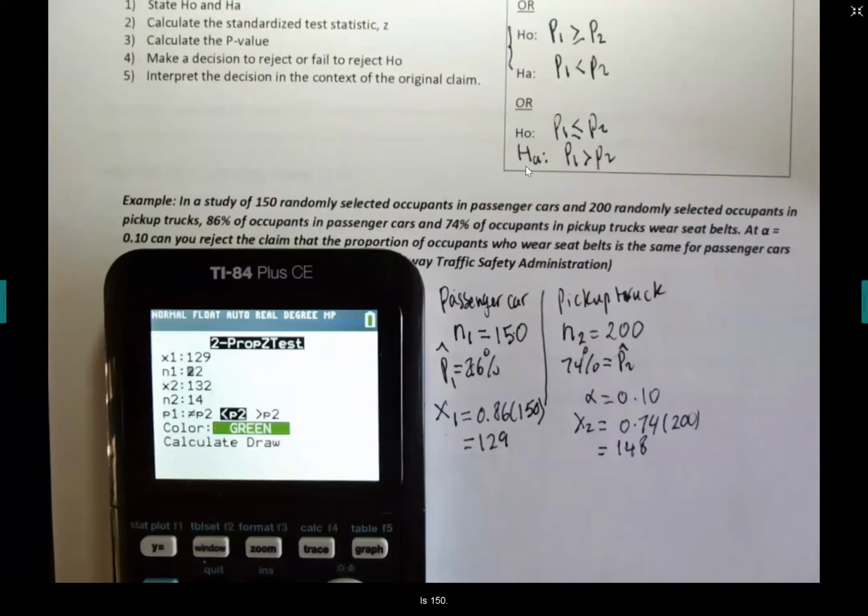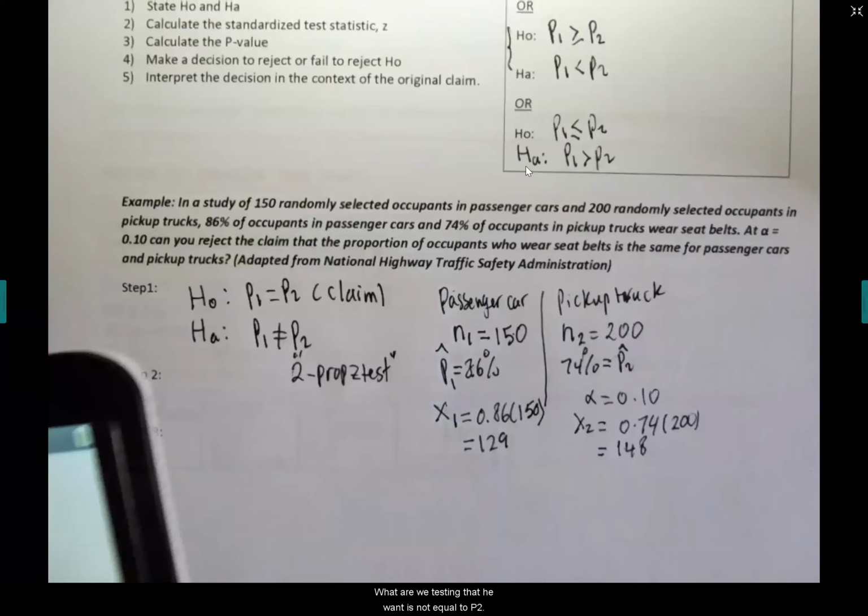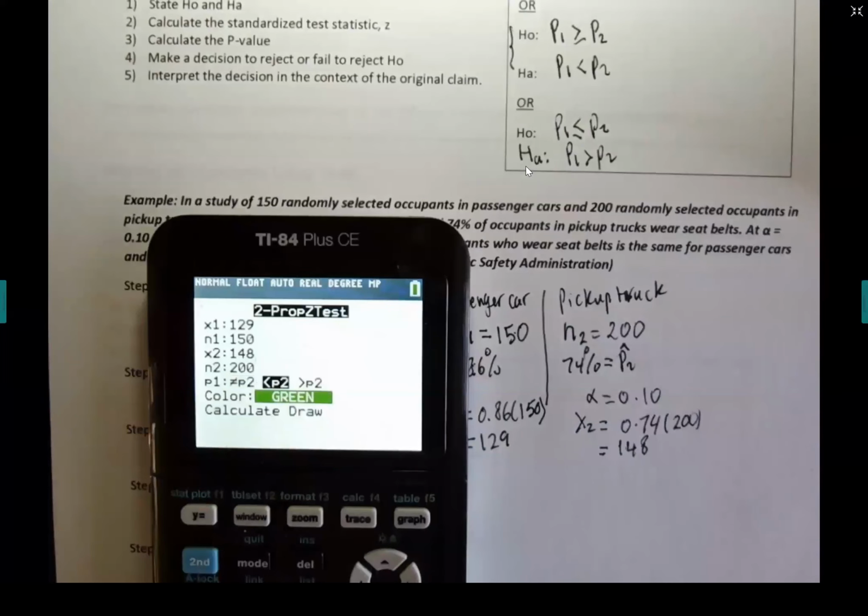N1 is 150. X2, 148. N2, 200. We're testing that P1 is not equal to P2 for the alternative hypothesis, and hit calculate, guys, and that's all.